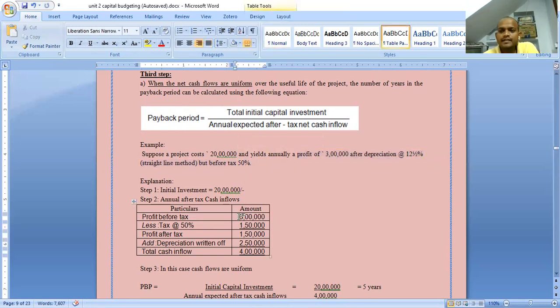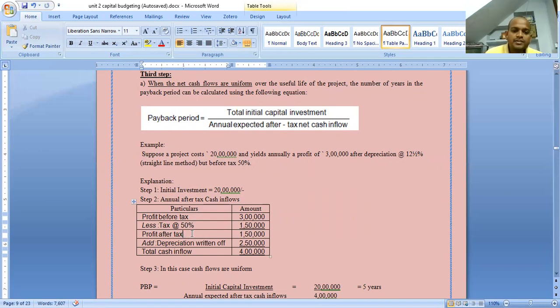They already deducted the depreciation at the rate of 12.5 percent. Now we have to deduct the tax amount. So profit before tax is 3 lakhs, less tax amount 1,50,000, so we get the profit after tax 1,50,000.